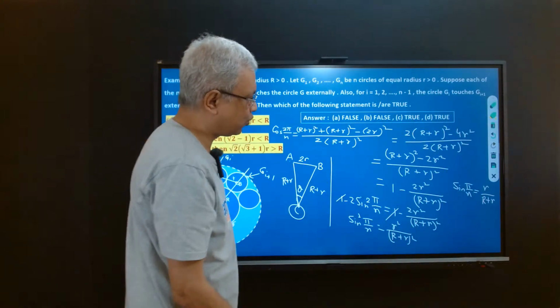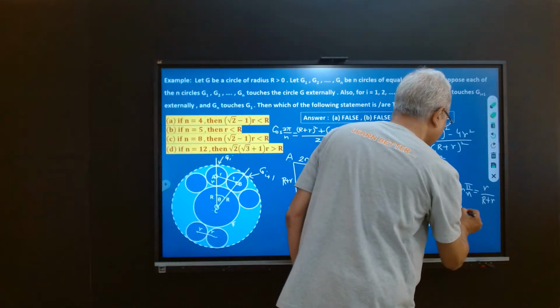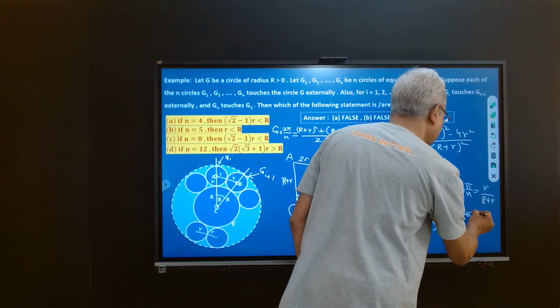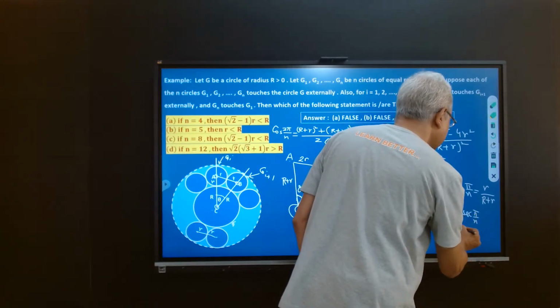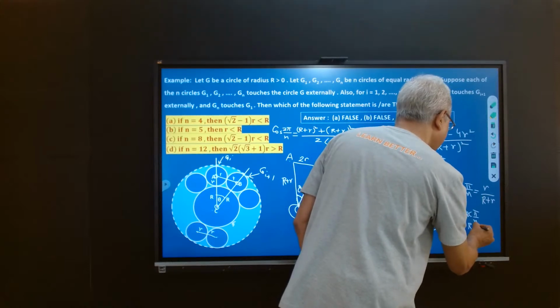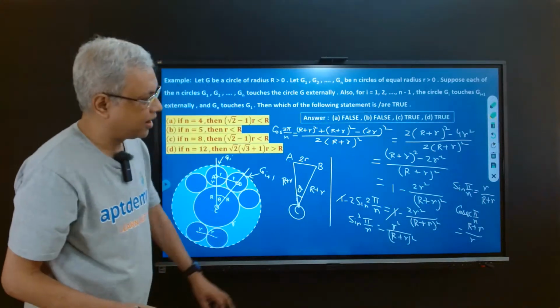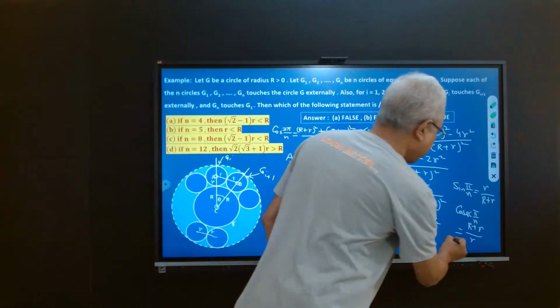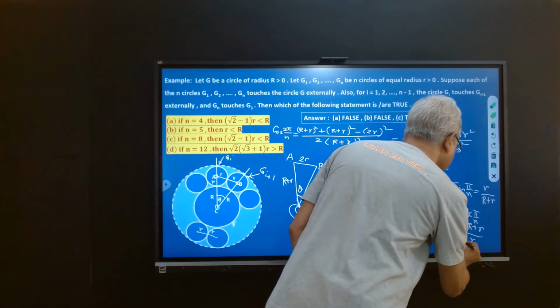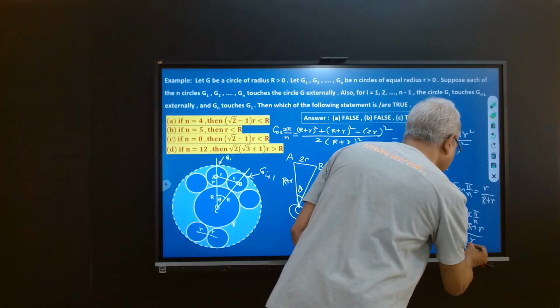Okay, so cosec pi by n is the reciprocal of sin pi by n, which is R plus r divided by r. Just reciprocate. So this is equal to 1 plus R by r.